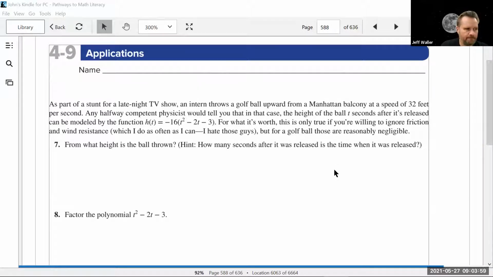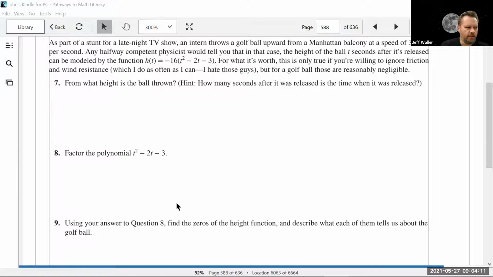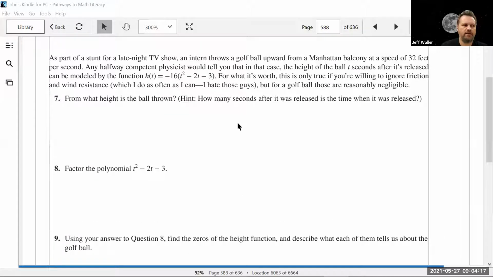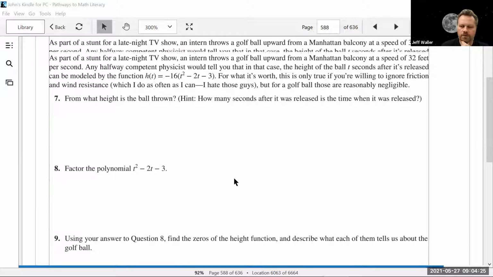Okay. Number 9 is more interesting. Number 7 is finding what happens when T is 0, and number 9 is saying what happens when H is 0, when the output is 0. Right?